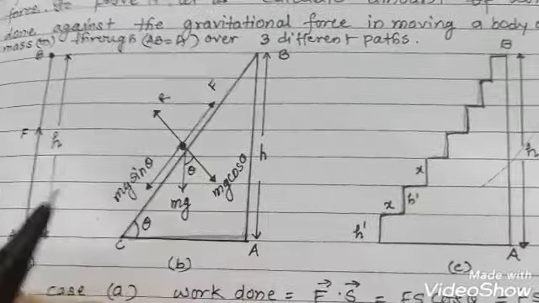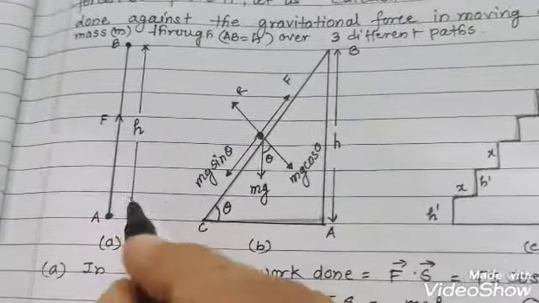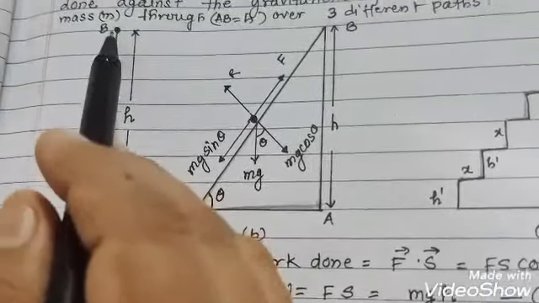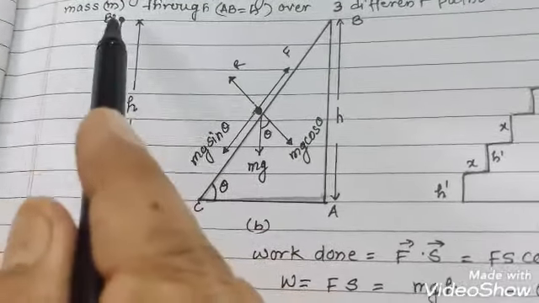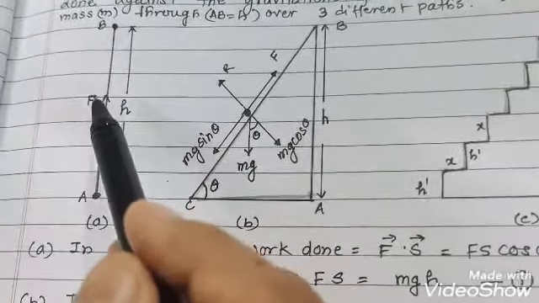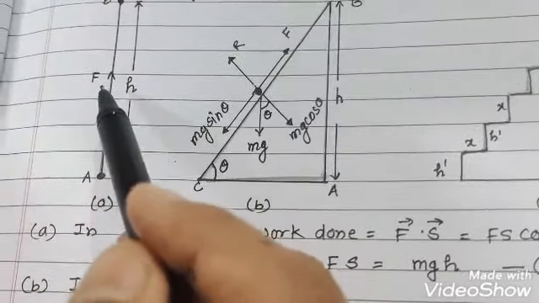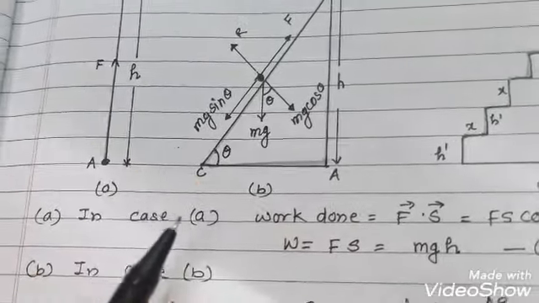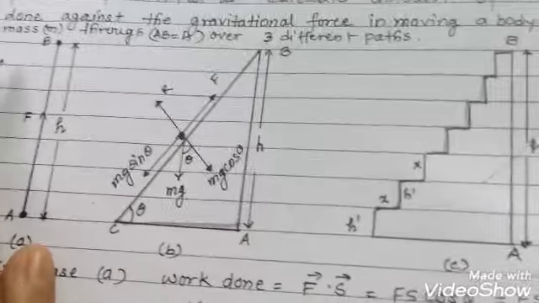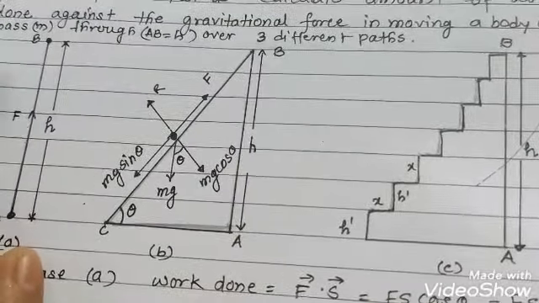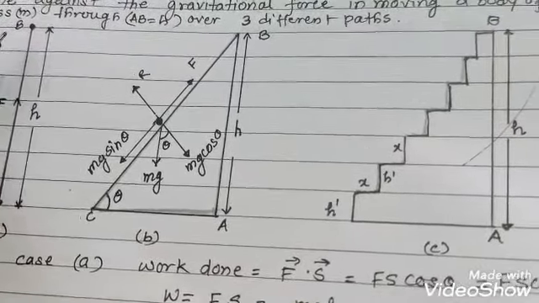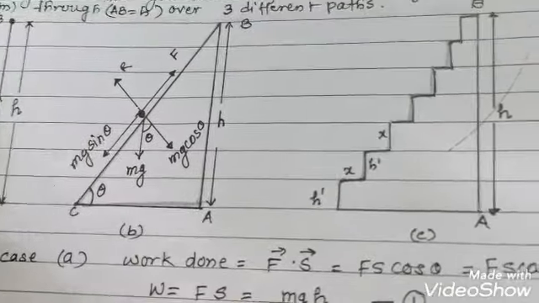In the first case, simply the vertical height is there and we are shifting the object from A to B. In that case the friction force, the air friction or whatever friction is there on this path, will work. The work done by the friction force will be opposite in direction to the work done in moving the object from point A to B, but it will depend on the nature of the path.